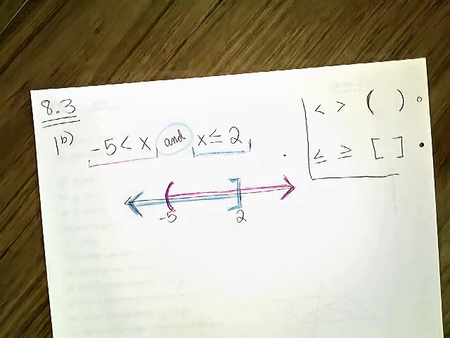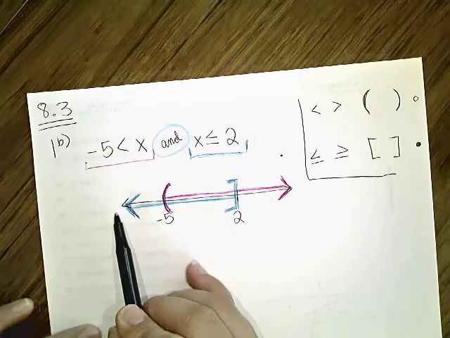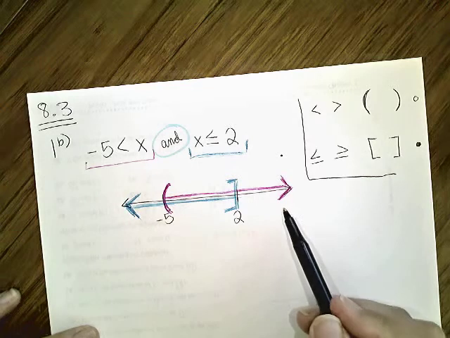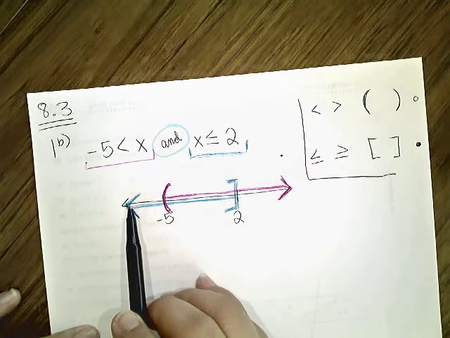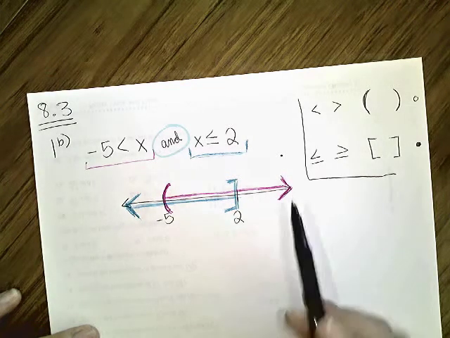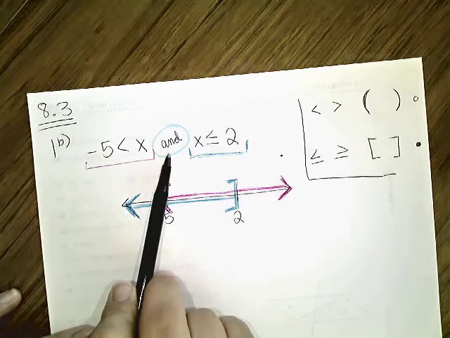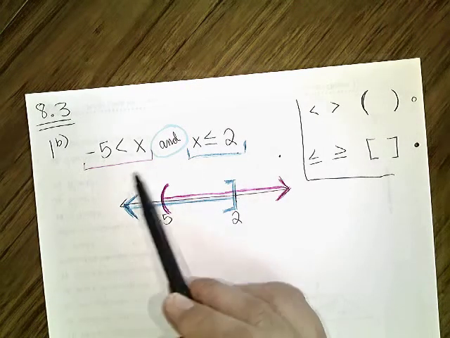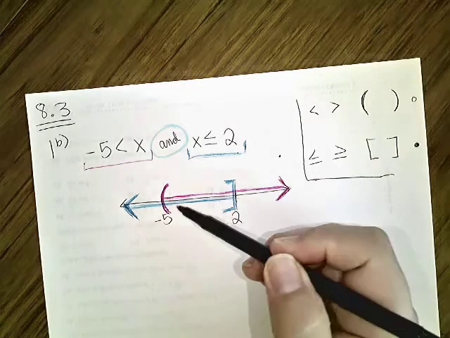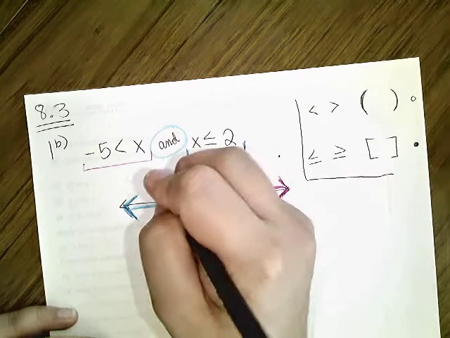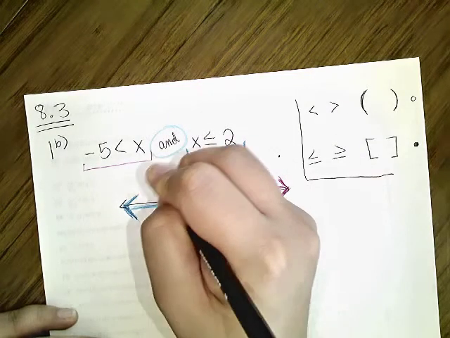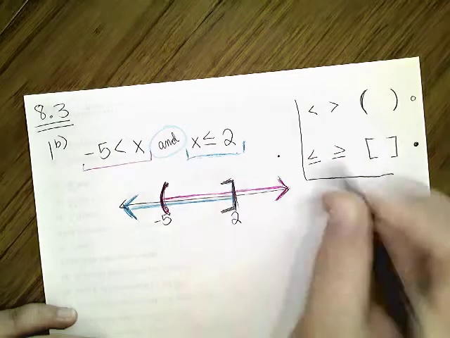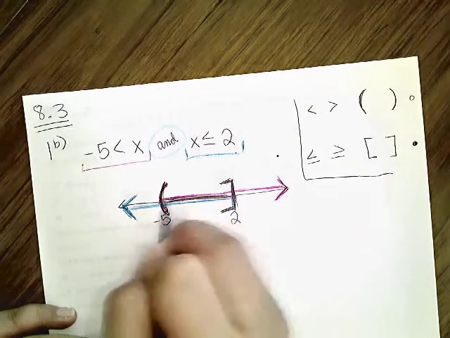So in what region, to the left of -5, in the middle between -5 and 2, or to the right of 2, will this and that be true? And that's where both of them are shaded, in both pink and blue, and that's going to be in the center. So in the center, I'm going to darken it in black pen because that's our overall answer that we're working with.